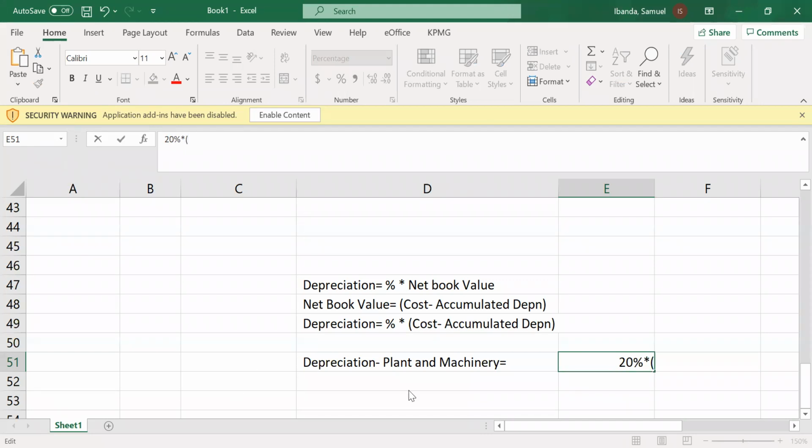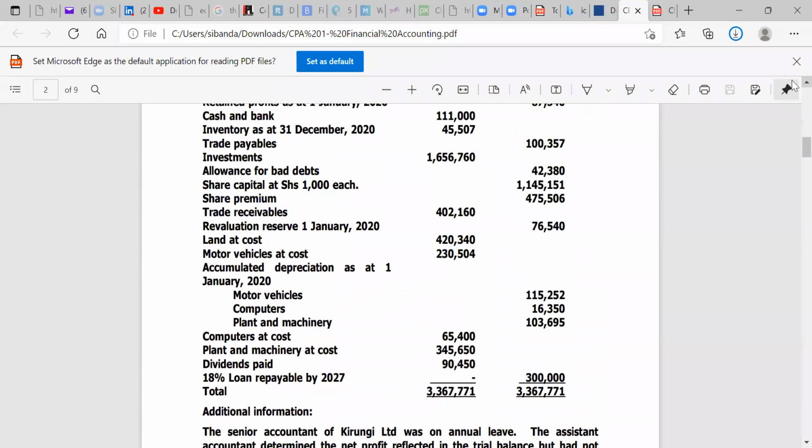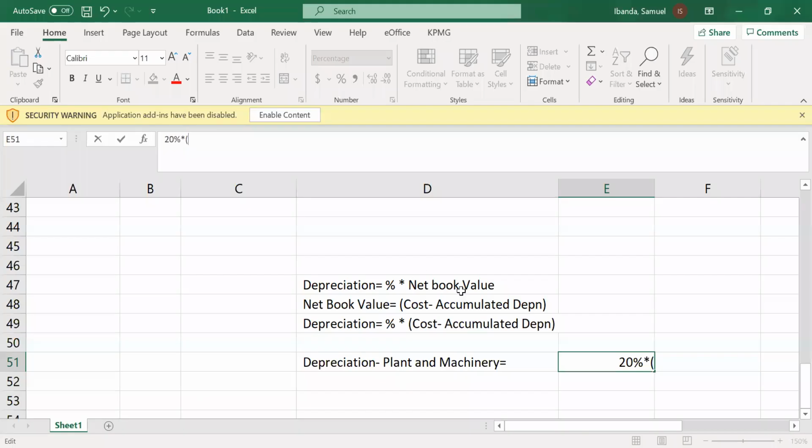Okay. And how do we determine the cost? Go back to your trial balance, get the cost, which is 345. So I'll just get my 345 there. I think that is the one that I have. 345,000.